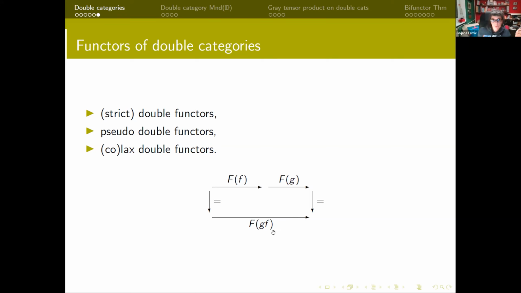If these two are equal, you speak about a strict double functor. If there is an isomorphism, a globular 2 cell, you speak about a pseudo-double functor. And if there is a 2 cell from top to bottom, you have a lax double functor. And the other way around, you have colax. There are also double pseudo-functors that Shulman treated and Gabriella Böhm, but I will not mention this example in this talk, so I didn't list it here.